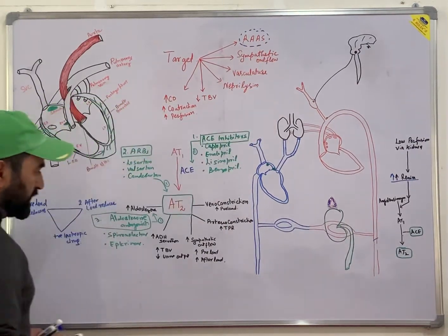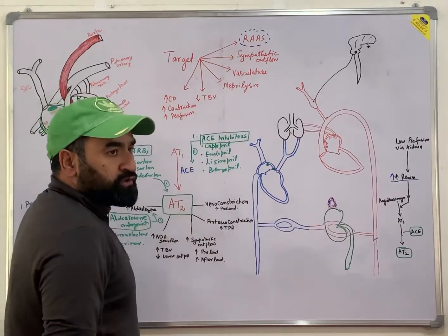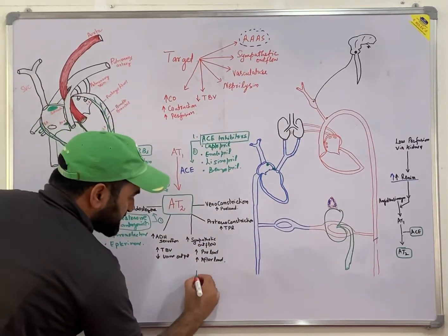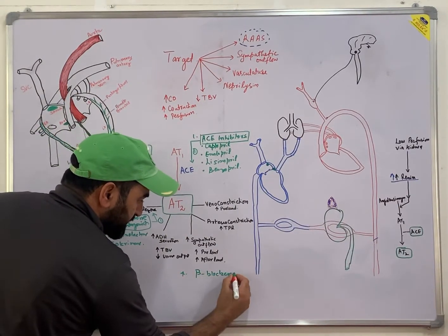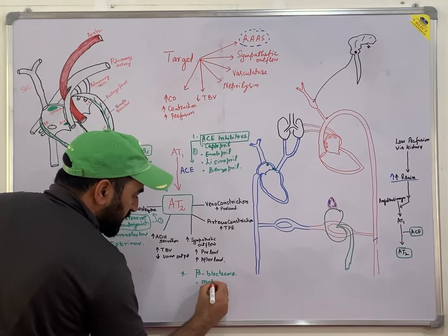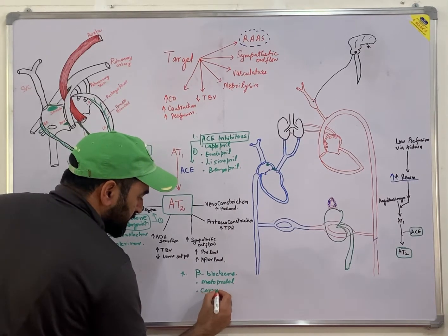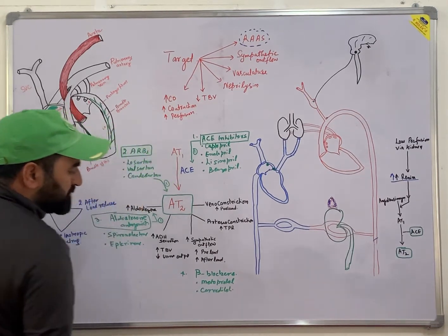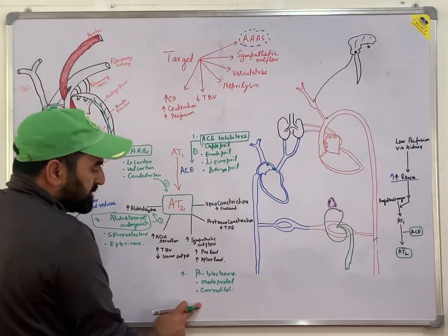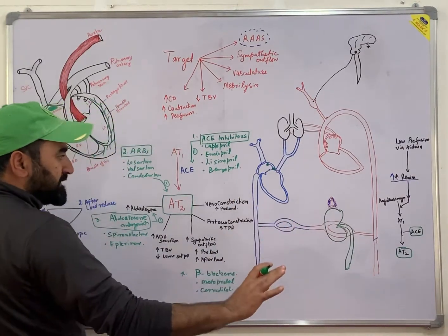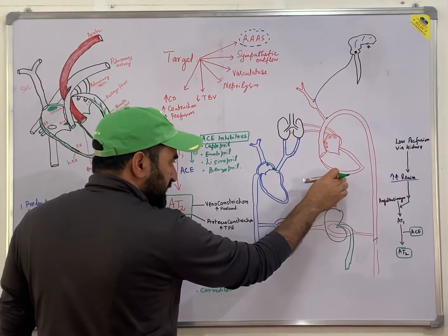Number second, in order to reduce the sympathetic outflow, you need to give beta blockers, say metoprolol, carvedilol. You know what these beta blockers will do? They will inhibit the beta receptors wherever they are. That means they inhibit the beta receptors at the SA node.